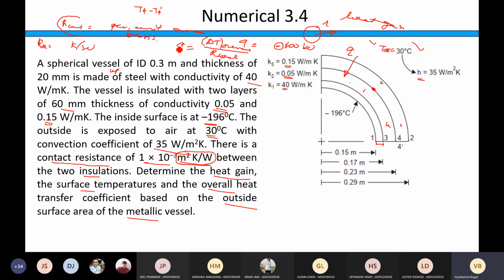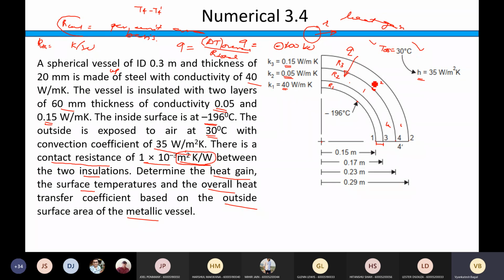Again, I would suggest you calculate the resistances separately. Don't put all the resistances at a time in the denominator of this expression. So use notations like R conduction 1 or R1, then R2, we call this R3, right?